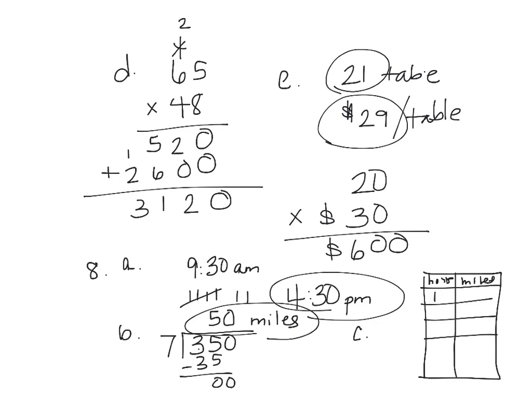We're going to do 1, 2, 3, 4. And we just said she did 50 miles in an hour. So in 2, 50 plus 50, or 50 times 2 is 100. 5 times 3 is 15 plus a 0. And 5 times 4 is 20 plus a 0. So there's our table for C.